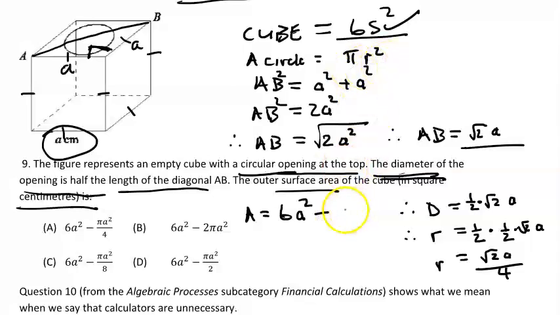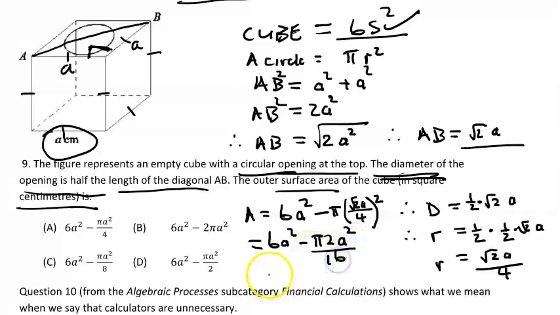Minus pi r squared. The radius will be root 2a over 4, all squared, which will leave us with 6a squared minus pi. Root 2 squared will be 2, and a squared, over 16.